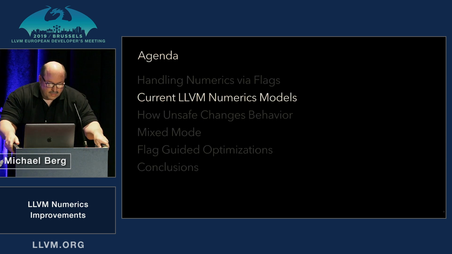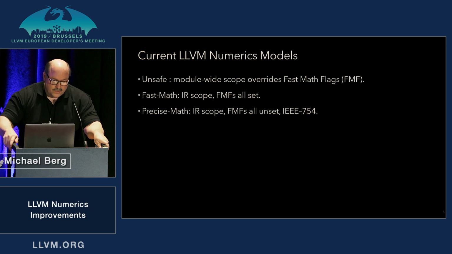So there's a number of models that we'll talk about and elucidate whether controls are mapped into and how they vary things. Those are the unsafe model itself, which is a module-wide scope and overrides the fast math flags, otherwise known as FMF. The fast math environment itself, which uses IR scope and for which all FMF is set, doesn't use the module flag at all.